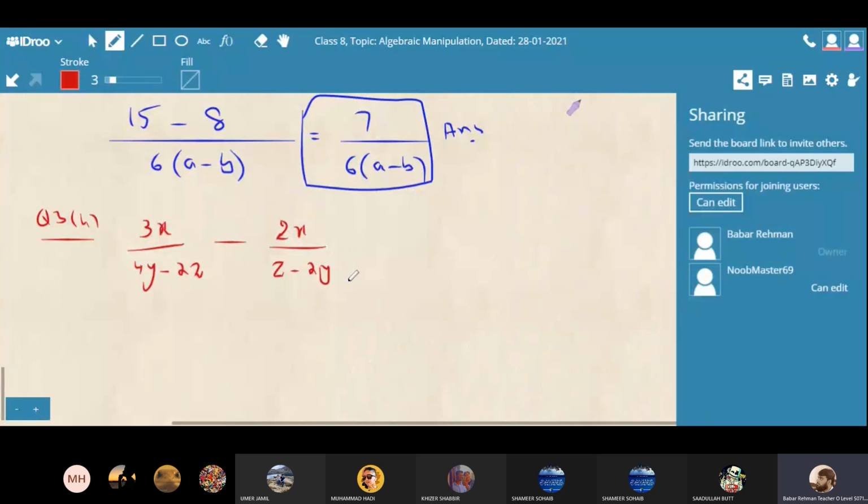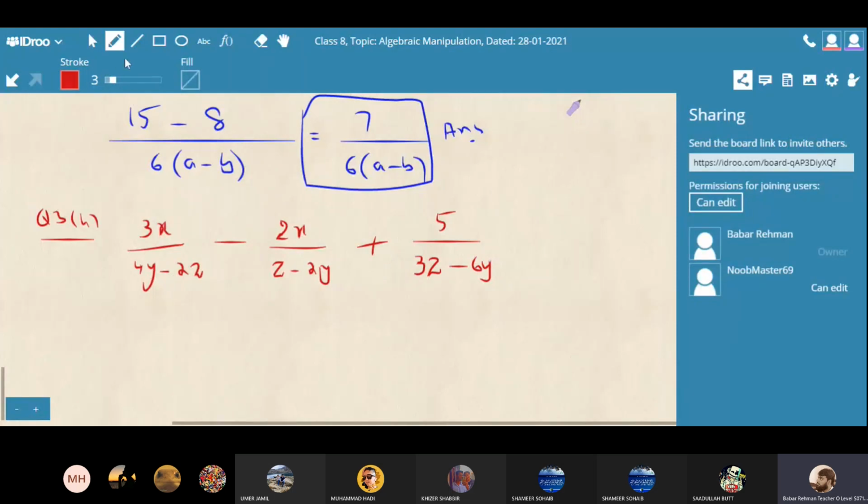Let me make 2 like this. 2y plus 5y. Sadullah, are you there? Yes, sir. Okay, so I will be asking you, then you will edit something here for LCM or simplification. Okay students, the first step is we are going to make the same denominator.